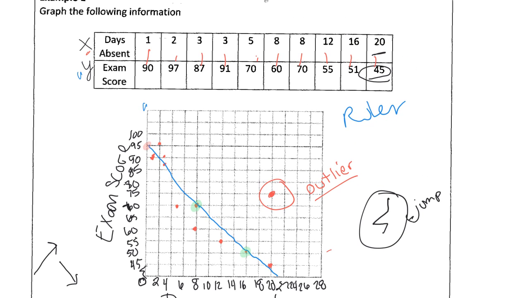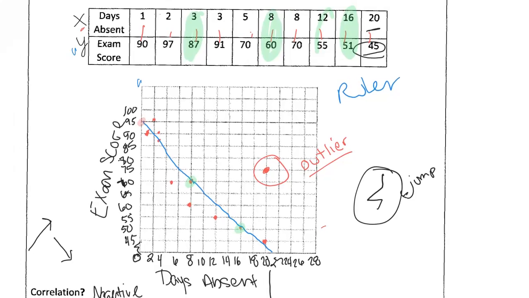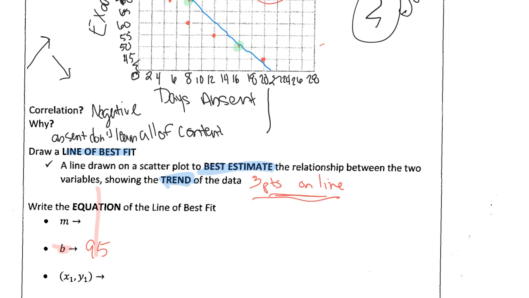But I would also just double check. So I'm using 8 and 60 and 16 and 51 as my 2 points. But my line also went through 3 and 87. So you could use any 2 of the 3, but for this case, I'm doing 8 and 60 and 16 and 51.